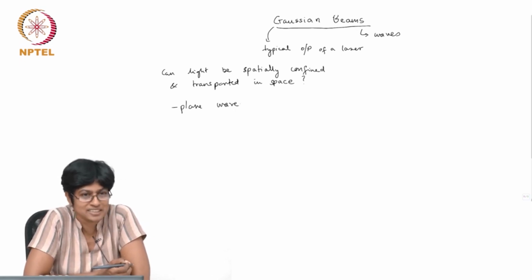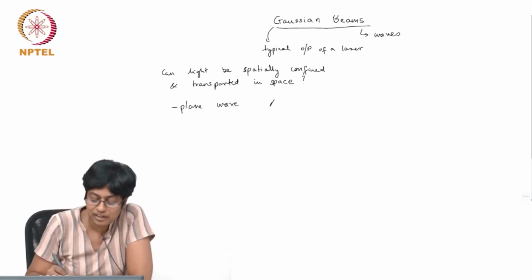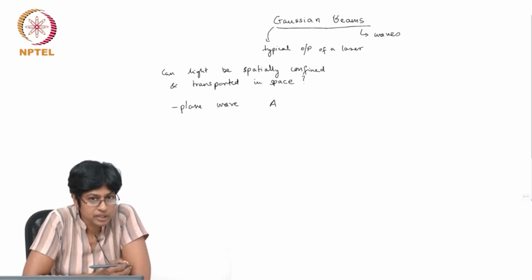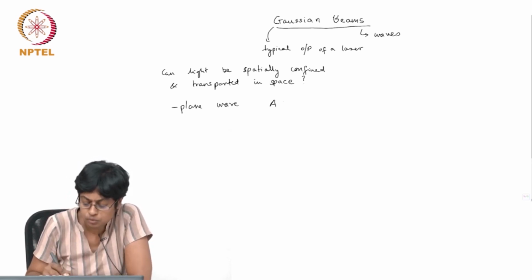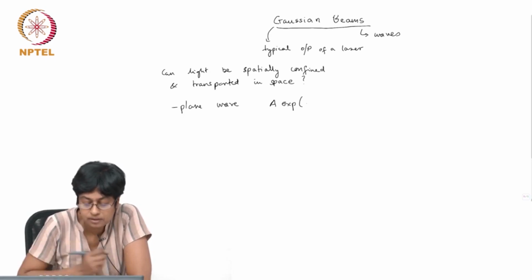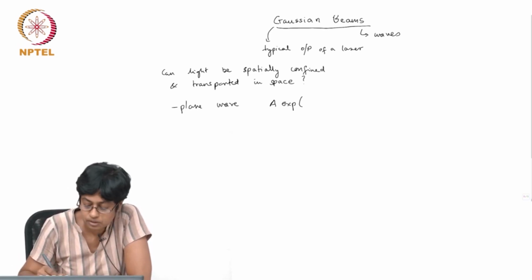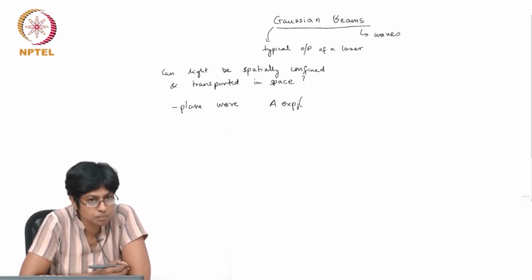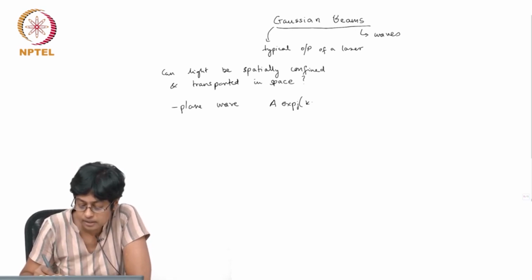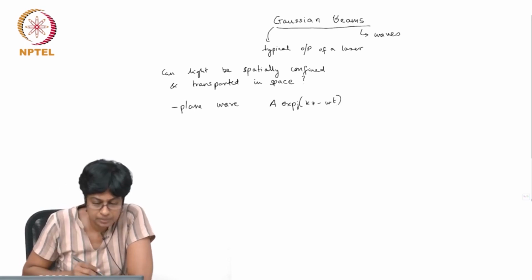I see no recognition on anyone's face. Okay, so if I write the equation that represents a plane wave, I will have the amplitude of the wave, and then I have a term that takes into account the phase of the wave. So that shows it's complex, and it's kz minus omega t. What do these different terms mean?